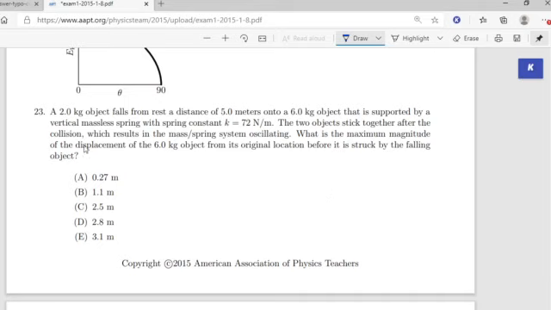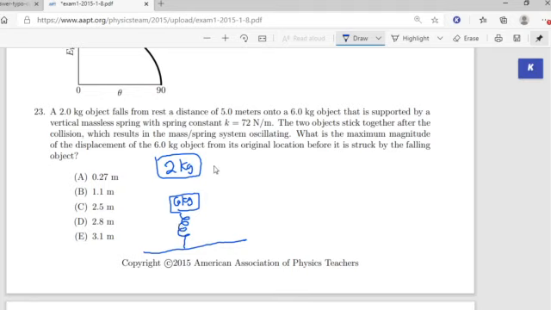Okay, so I'll just draw it out. We have our 2 kilogram object, and that's our spring, and we have our 6 kilogram object, and they are 5 meters apart.